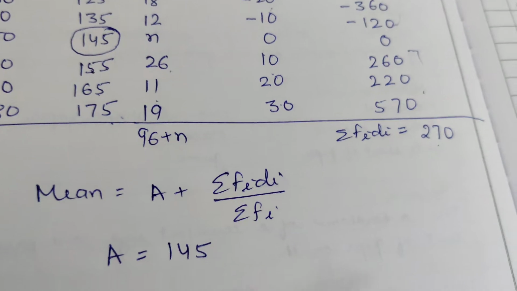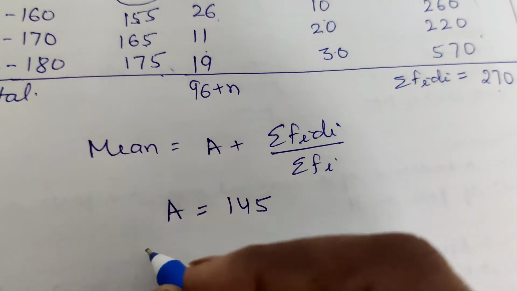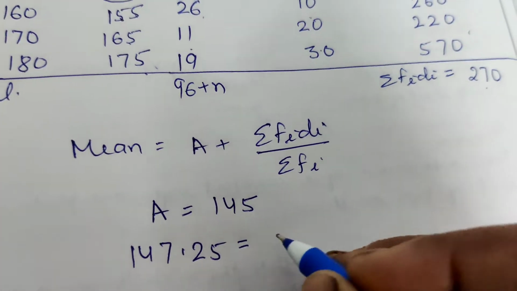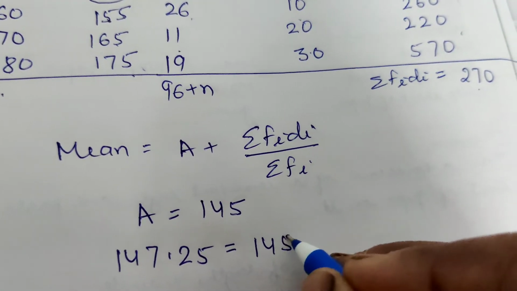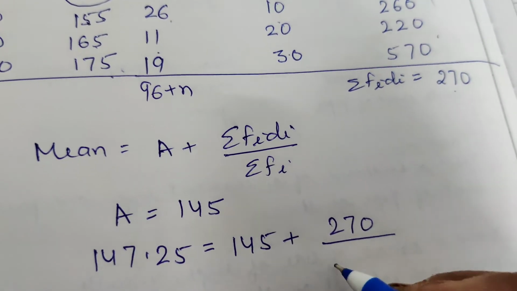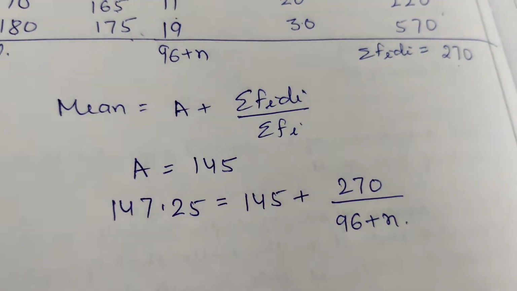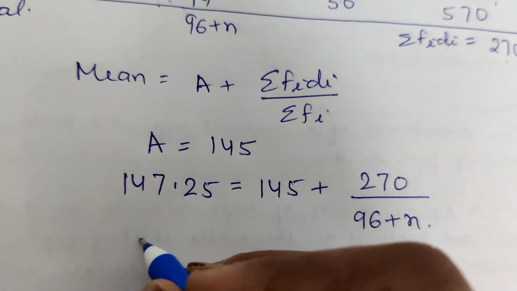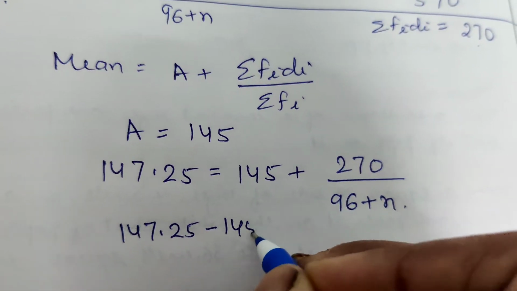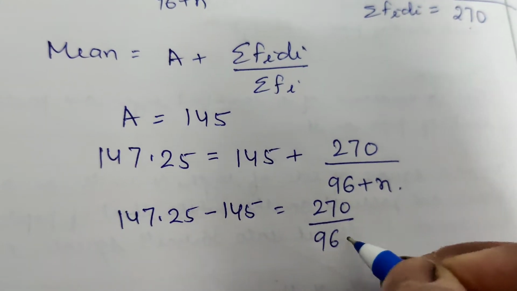Now put the value in this formula. The question is given that mean is 147.25. The mean is, assumed mean 145, fi di 270 by sigma fi 96 plus n. How to solve? 147.25 minus 145 equal to 270 by 96 plus n.